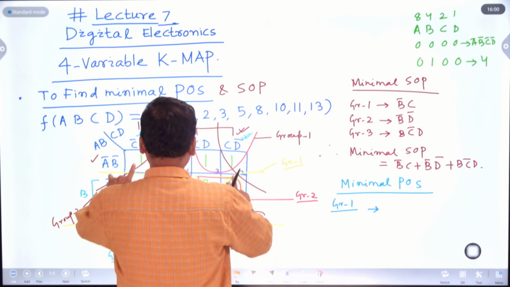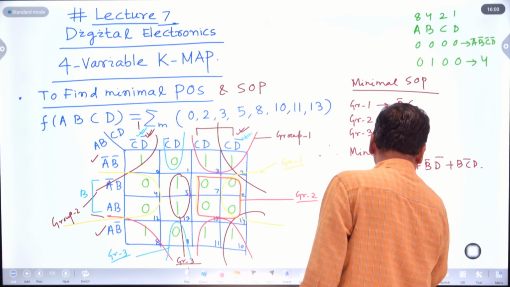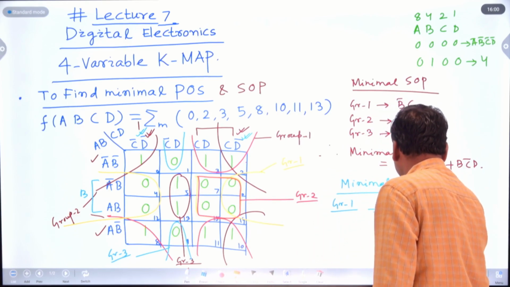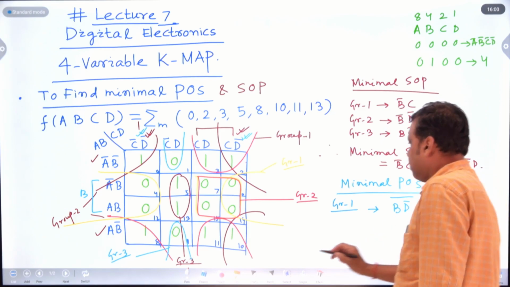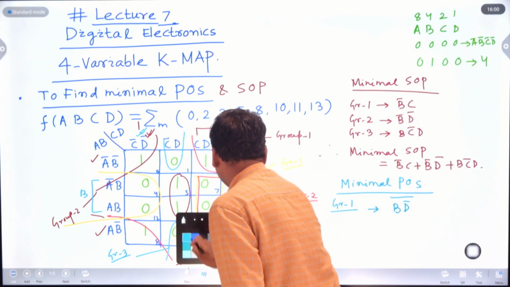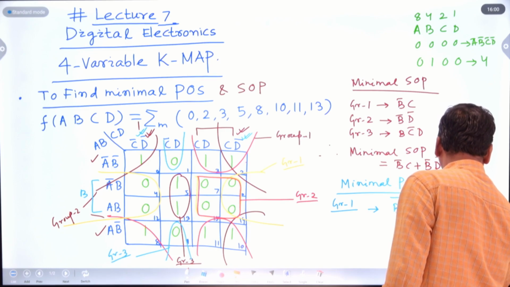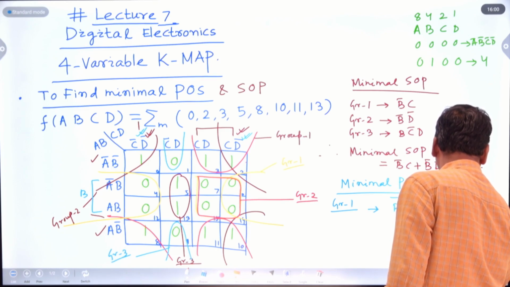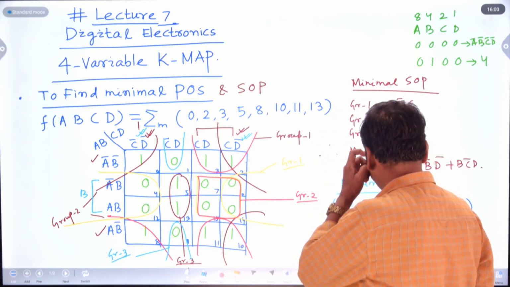When you are going to calculate the minimal product of sum, put the bar. That's why this is nothing but B bar plus D. B bar plus D is your sum term. This is your group 1.